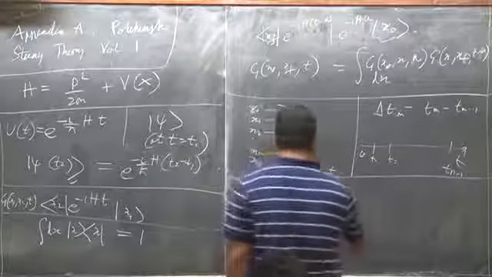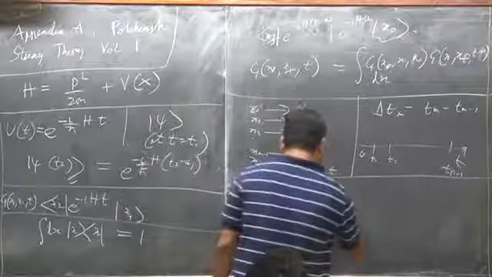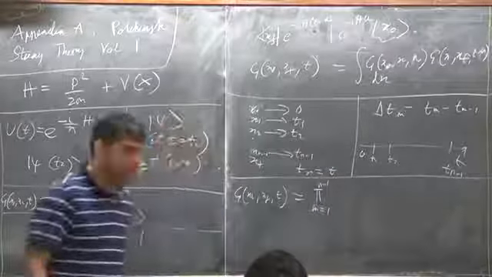So now we will have a product over all intermediate times, m equal to 1 to n minus 1.